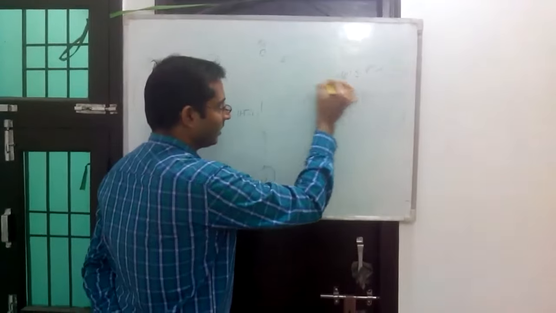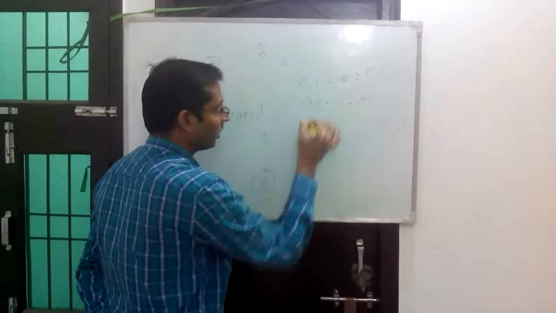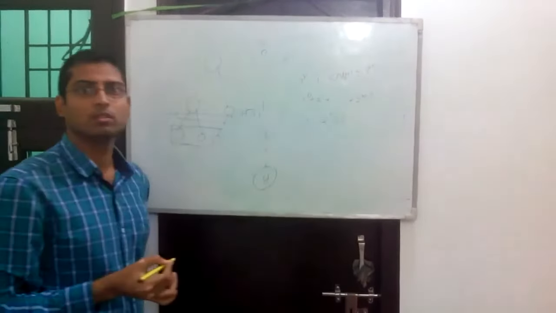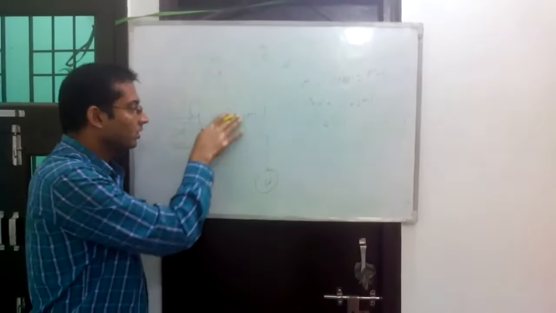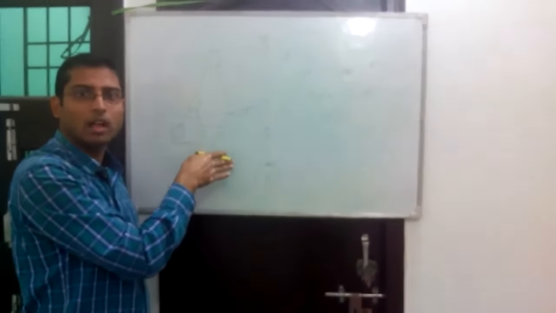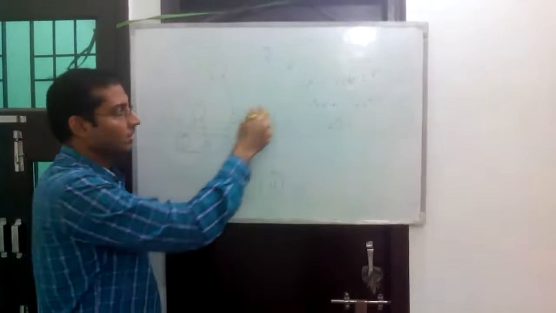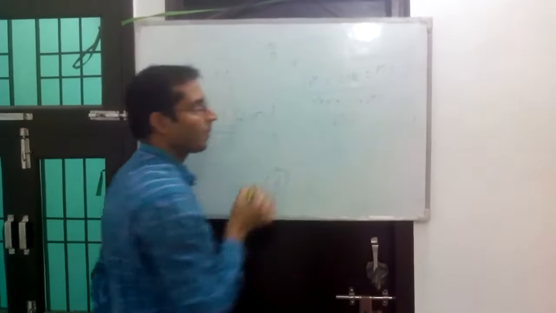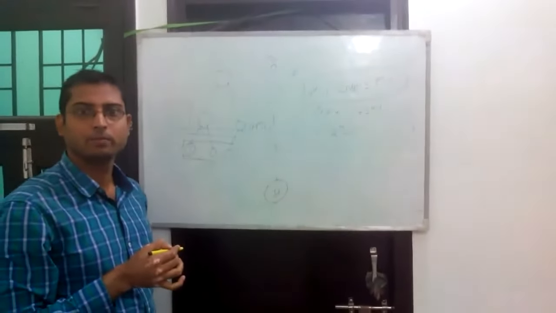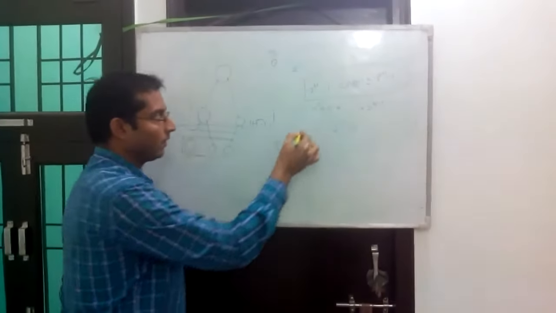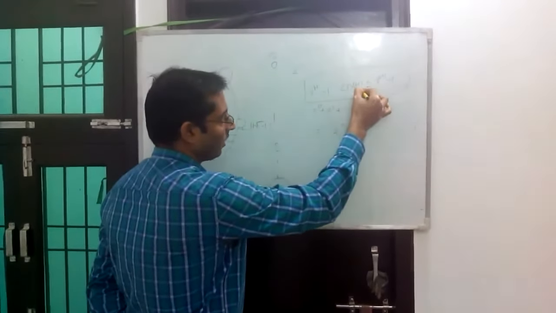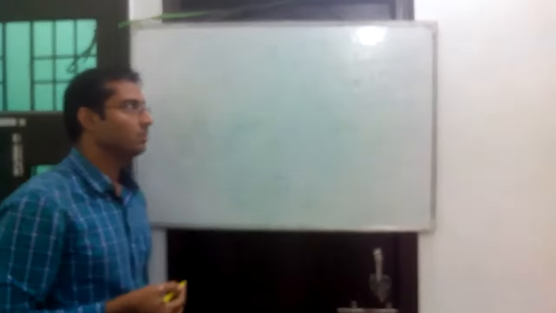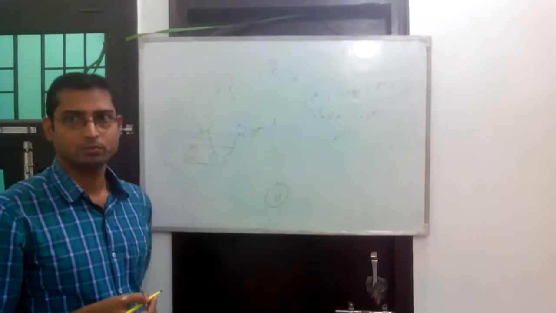So the range is 2 to the power h minus 1 to 2 to the power h plus 1 minus 1, since the last level is not full. The total number of nodes lies between these two.